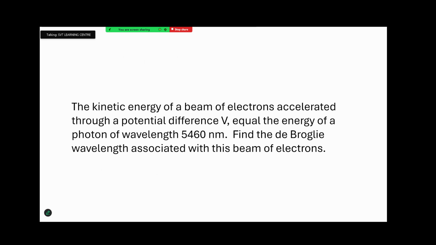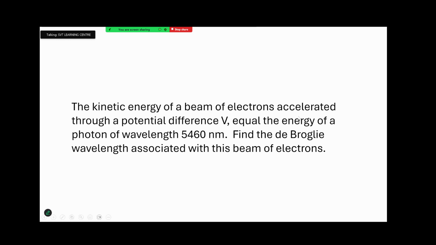Here the kinetic energy of an electron accelerated through a potential V equals the energy of a photon of wavelength this much. So a photon of wavelength this much will have its energy equal to hc by lambda, that is h into c upon 454.60 into 10 raised to minus 9.